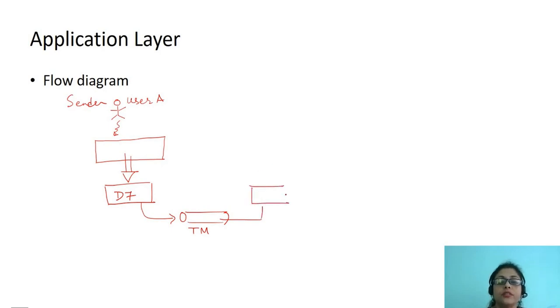Here also this D7 goes there and there is a user which receives the data. Let's say it is user B and this is the destination computer.